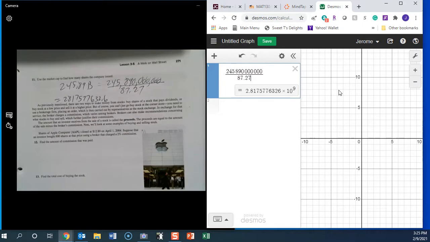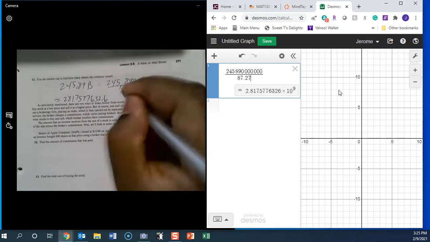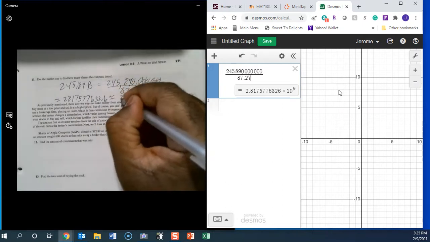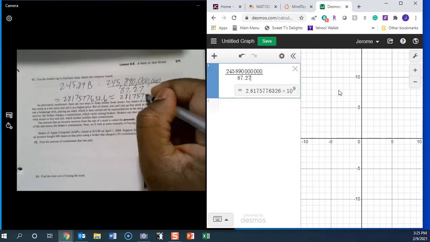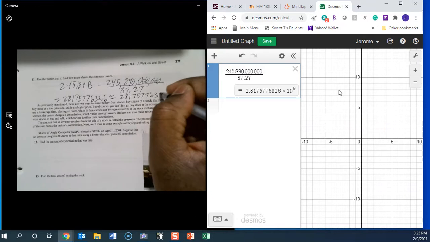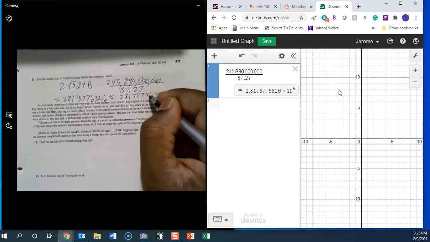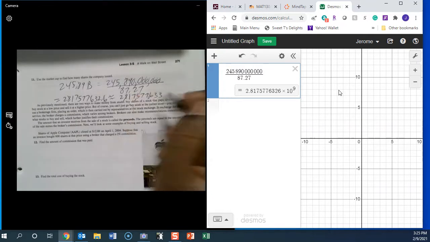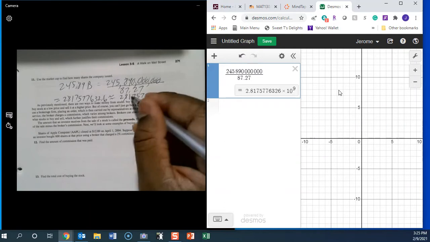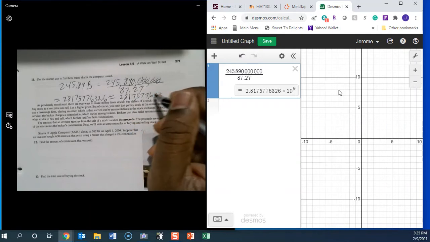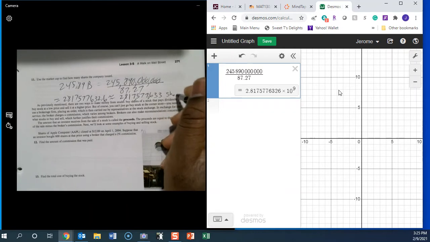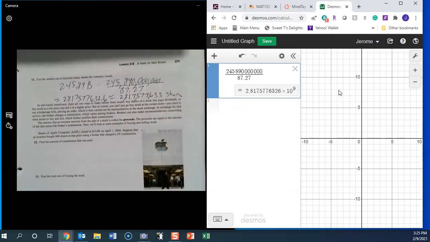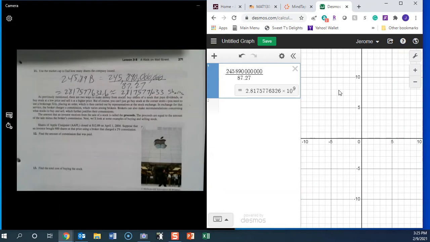Now we know we cannot have 0.6 of a share, so it'll be approximately 2,817,577,633 shares. That's how many shares are out for Facebook at that time.